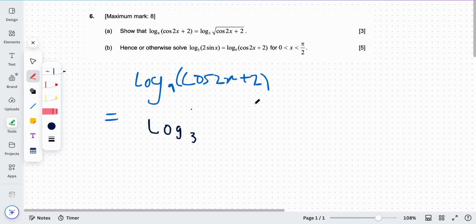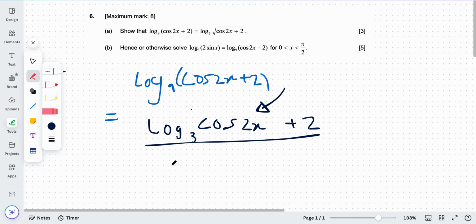So cos 2x plus 2 goes on the top, over log 3 of 9. This is the change of base rule for logs, so this number goes here, and then this 9 comes up here.